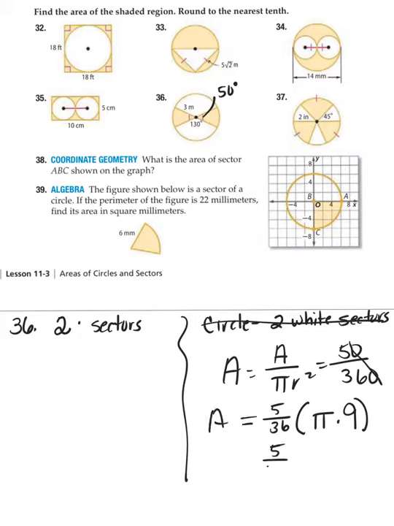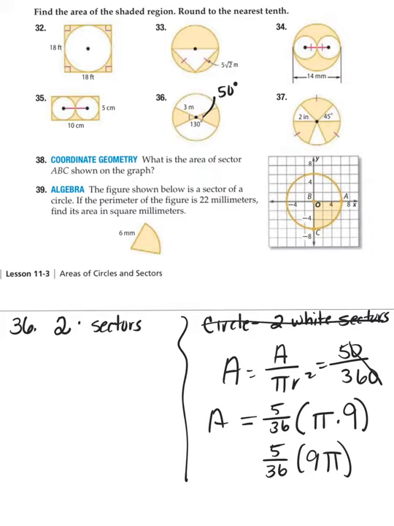So 5/36 times 9 pi, we're going to put in our calculator. I put in 9 pi first, and then after I get that, I'm going to multiply that by 5, and then I'll divide by 36. And I'm getting 3.9 for one of them.